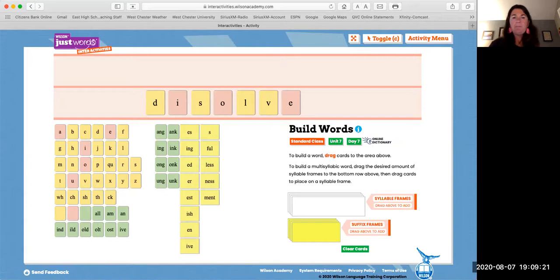Okay, how about this word? Dissolve. Say it again. Dissolve. Oh, very good. Dissolve. Okay, again, it is a closed syllable. Dissolve. And we have our E at the end of our word. And why do we have our E at the end of the word?